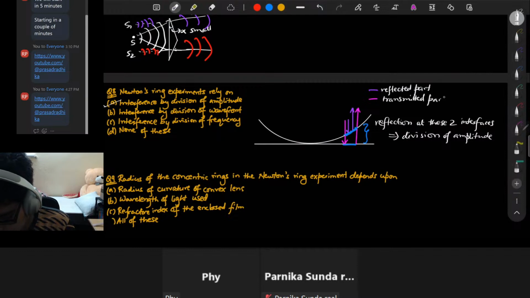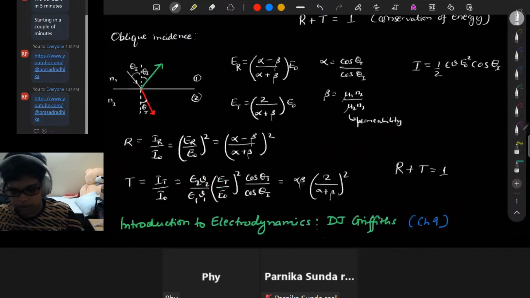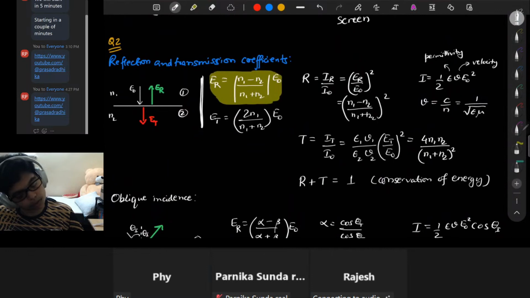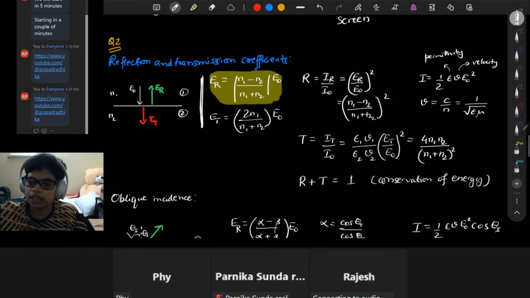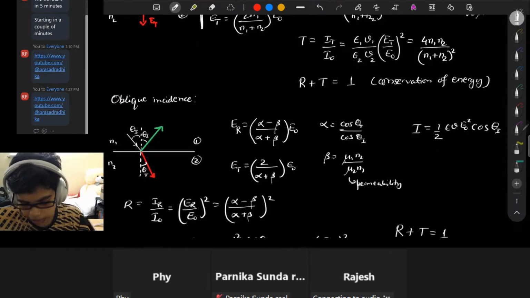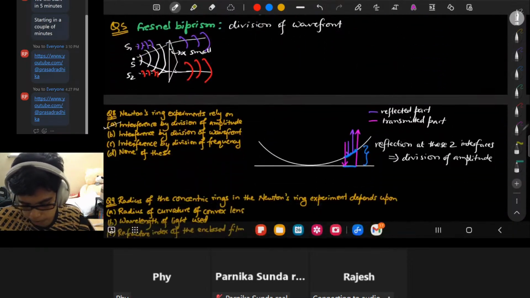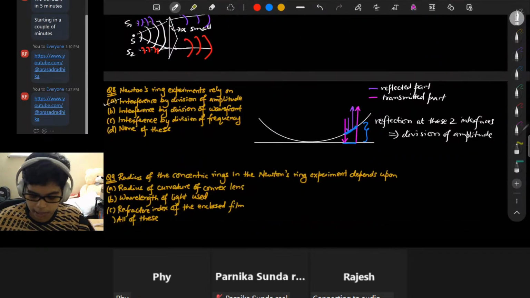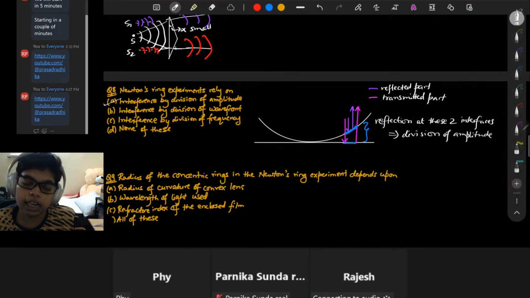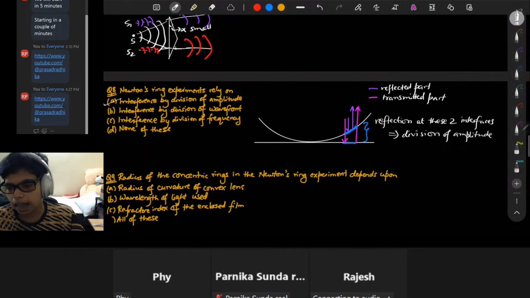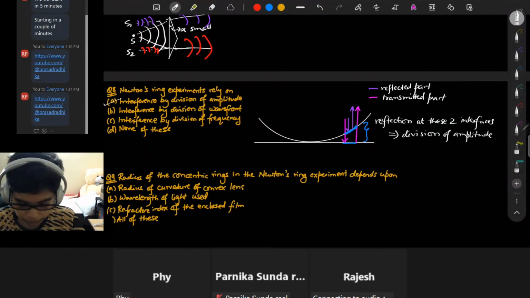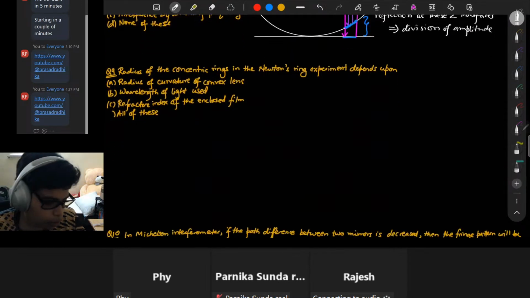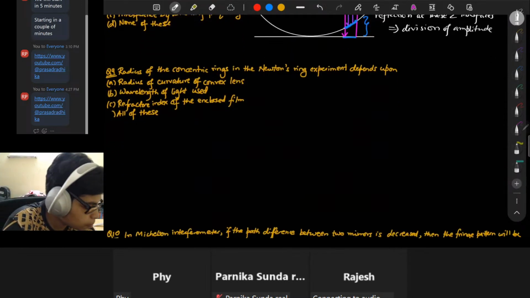And they will have different amplitudes based on these reflection and transmission coefficients for this normal incidence case. And because they have different parts getting reflected and transmitted, this is interference by division of amplitude. Okay, so two more questions to go.